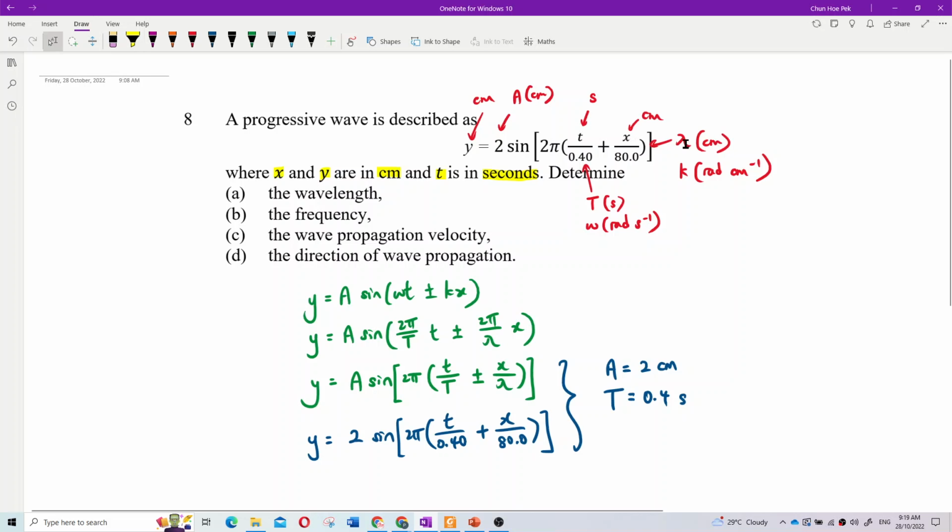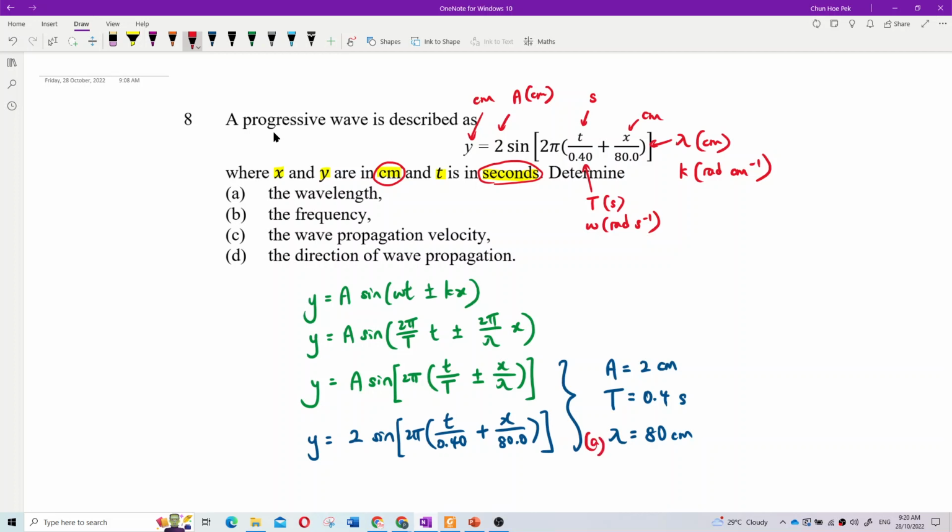So lambda is in centimeter also. Be careful with this unit. Very important. Okay, so we got the answer for question A, the wavelength.